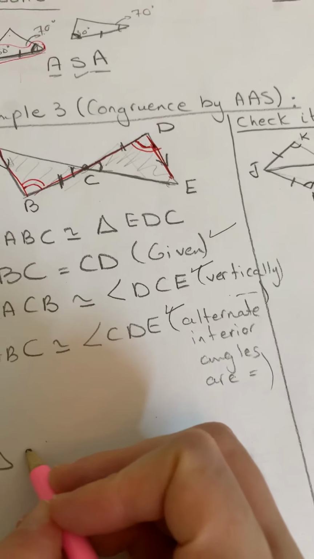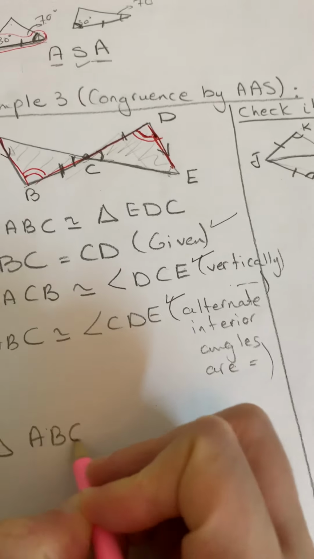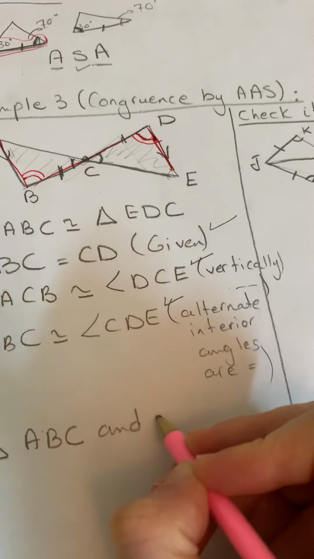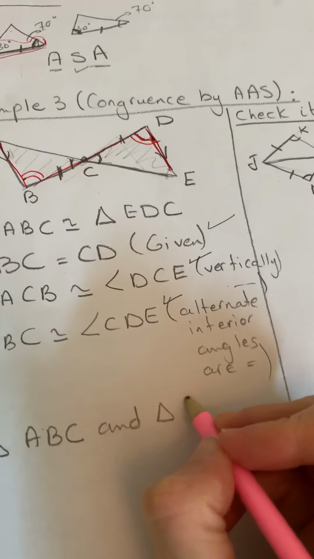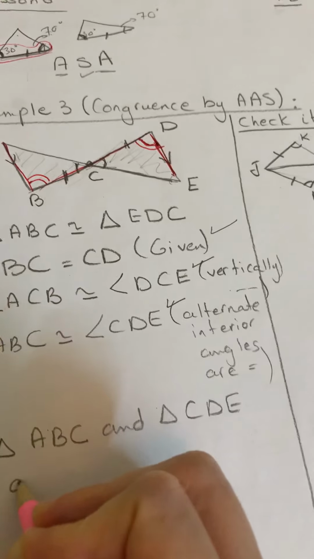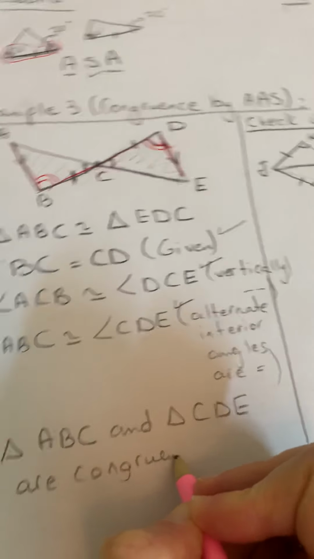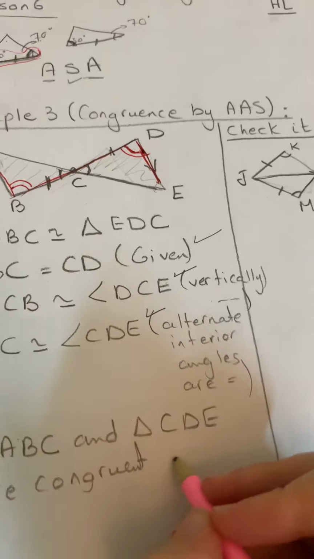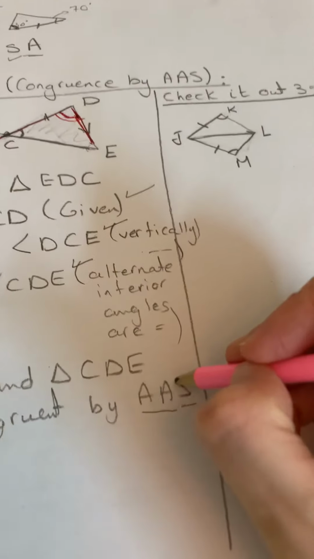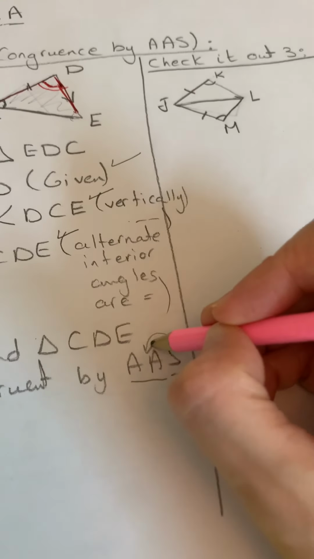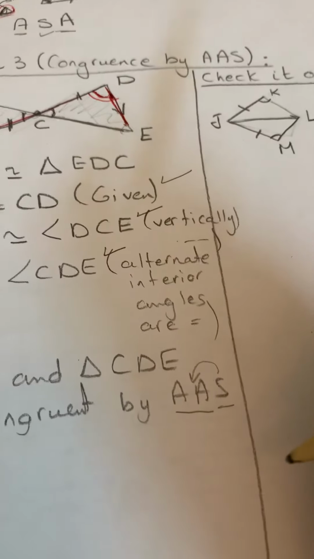So triangle ABC and triangle CDE are congruent by what? By angle, angle, side. Two angles and one side. No need for the side to be included in between the angles.